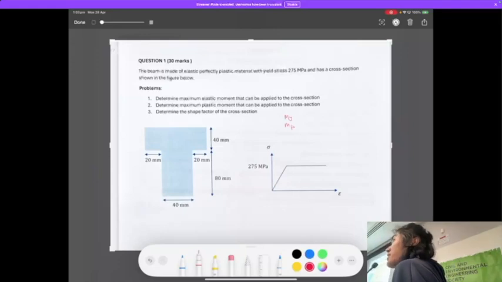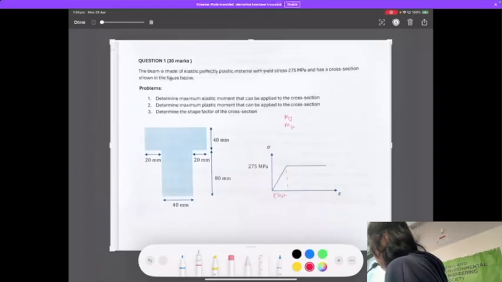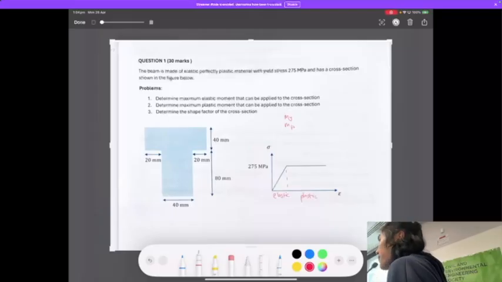Who did Maths 101 last year? You will already be familiar with a stress strain diagram. You'll know that this is the elastic region, and this is a plastic region, right?